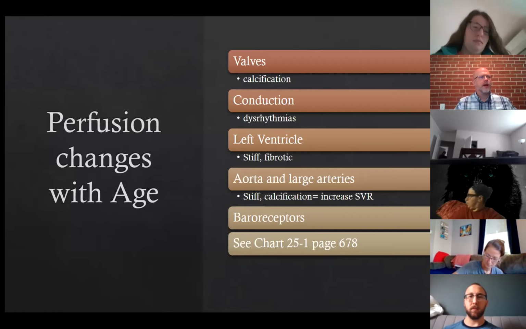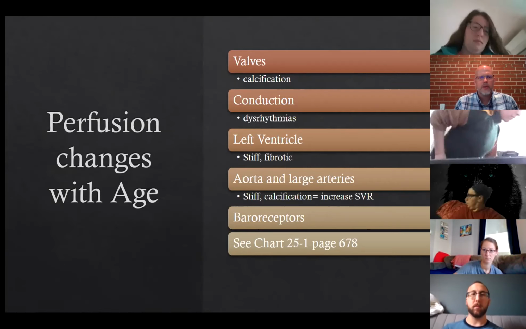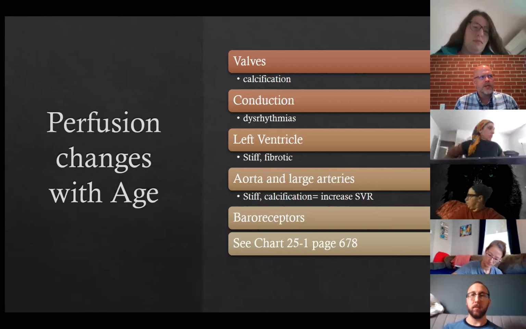Changes with age. As we age, we start to develop calcification. Has anybody heard of calcification before in your arteries? Interesting side note on calcification as we age. I read an article about nutrition and our cardiac diet. Remember the low fat craze we had in the 80s and 90s? Like no fat, right? And all the SnackWells came out.